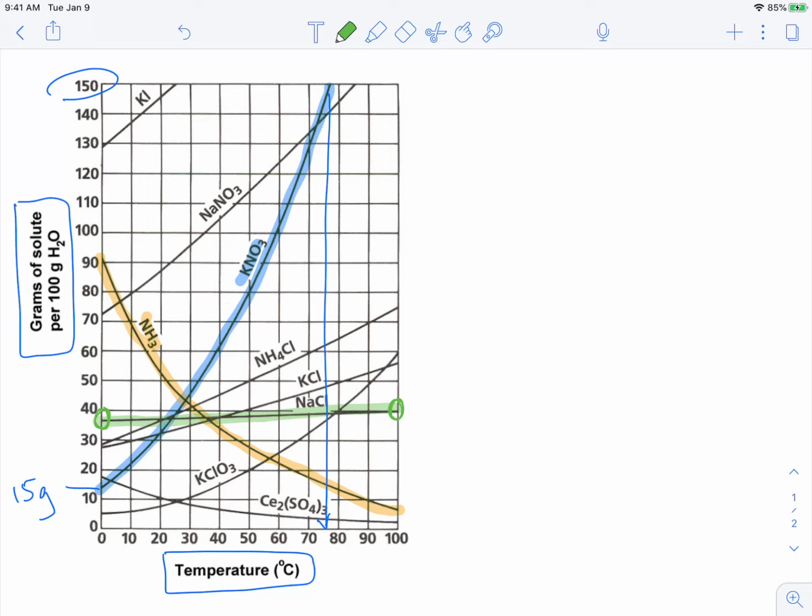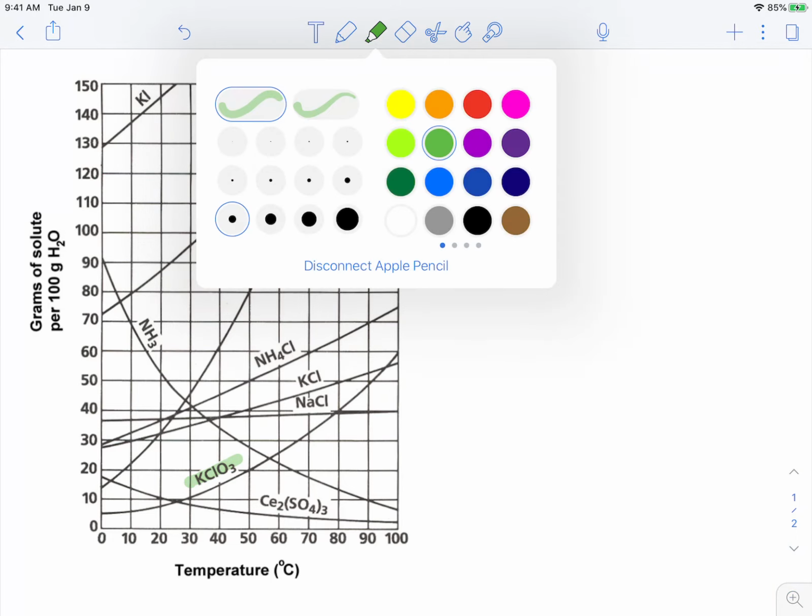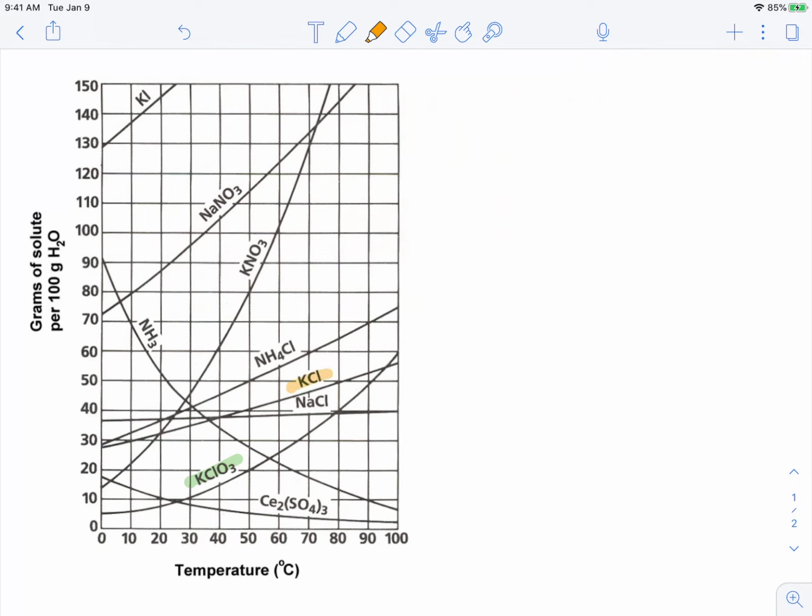We can also do some different things with these solubility curves and some of the information that's here. So I'm going to get rid of some of these notes that I made here. We're going to be concentrating on a couple different substances: KClO3 and KCl.